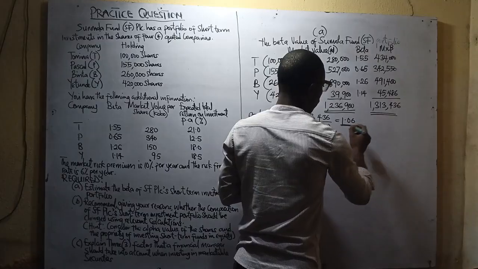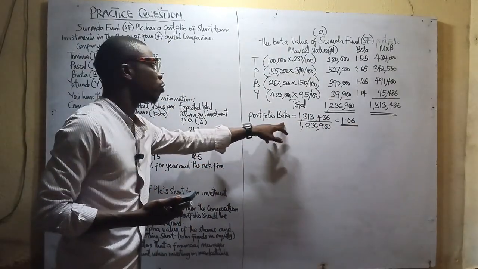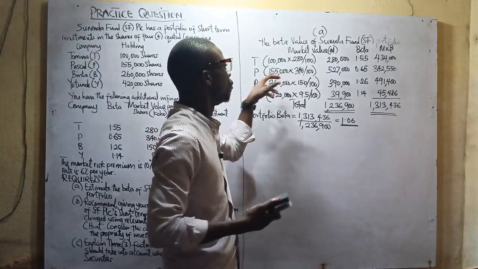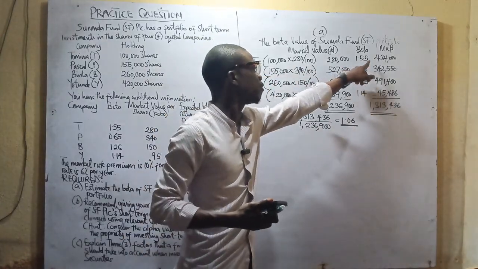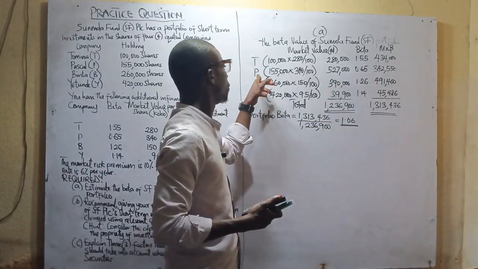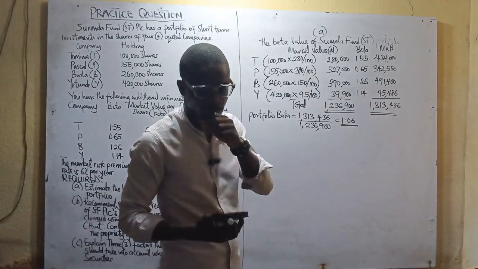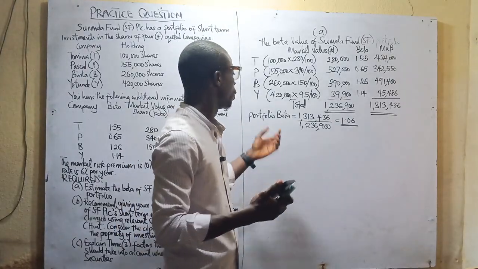That is going to give us 1.06. So our beta value is the beta of the portfolio, because the beta that we have here is the beta for the individual investments that Sumisola has invested in. This 1.55 is for T, 0.65 is for P, but we want to calculate the beta value of the portfolio now.